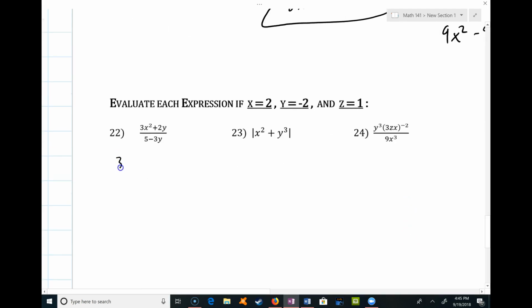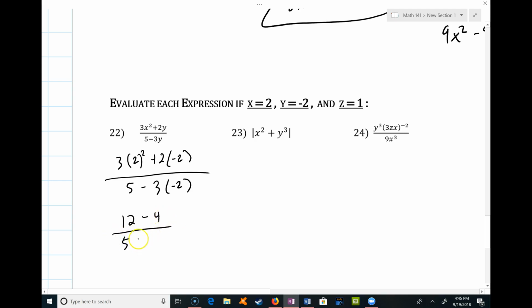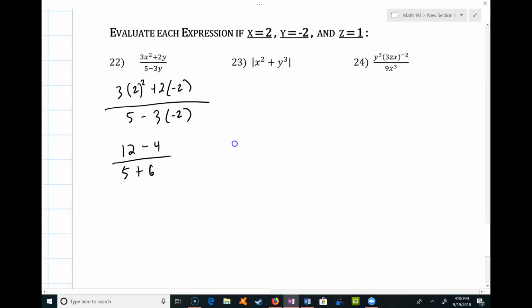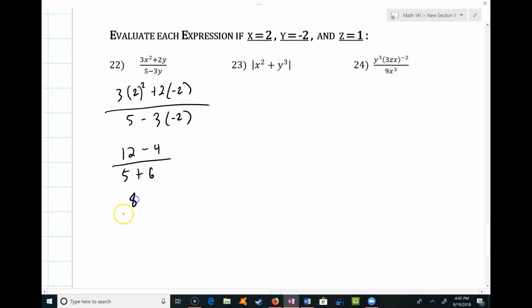So I can rewrite this as 3 times 2 squared plus 2 times negative 2, all over 5 minus 3 times negative 2. And then I can simplify that. So 2 squared is 4, times 3 is 12, plus, nope, minus 4, over 5 plus 6. Of course, 12 minus 4 is 8, and 5 plus 6 is 11, and that's my final answer.